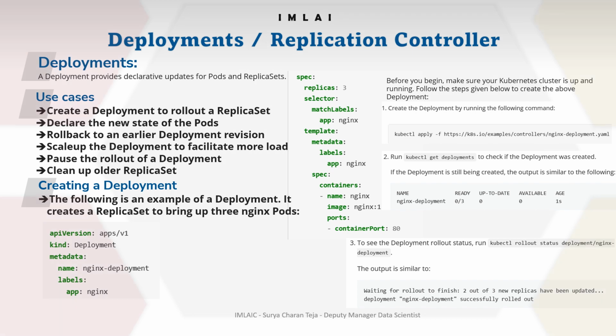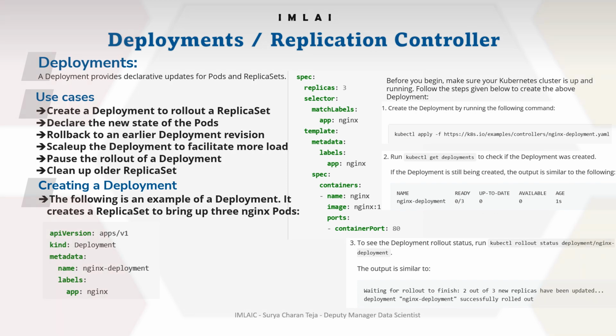So this is how we use deployment. The deployment is nothing but deploying a replica set and pods together. So the benefits that we can get out of this is we can roll out, we can update, we can get a desired state, and we can also pause the rollout of a deployment.